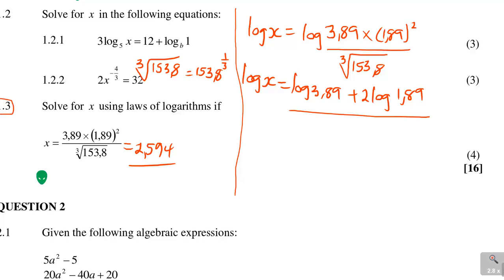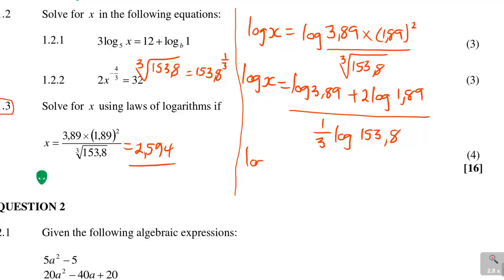Now again with the logs, if I introduce the logs, it will be 1 over 3 log 153,8. Where did I get it? Remember, I was supposed to write it as 153,8 to the power 1 over 3. So I took this power just like that 2 and I dropped it there. I'm doing it to avoid unnecessary repetition because of my space. So that is what I'm now having.